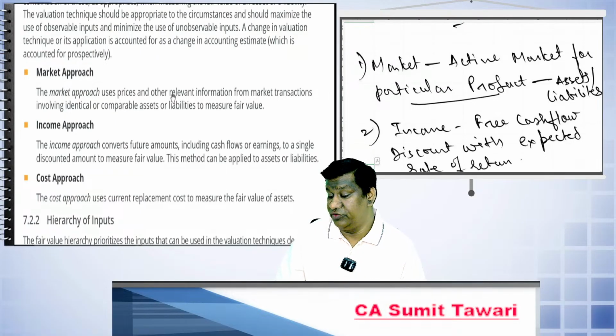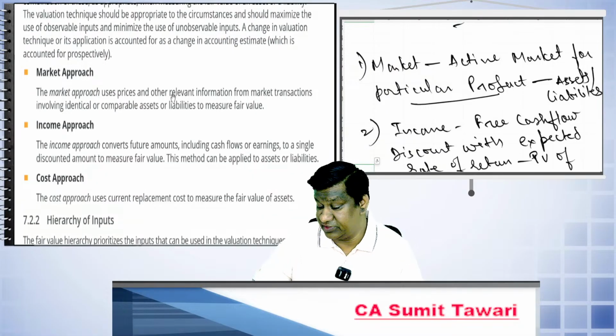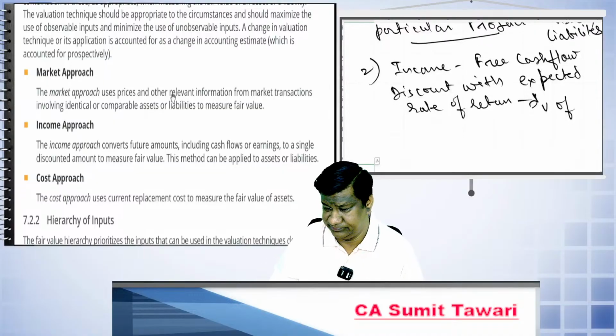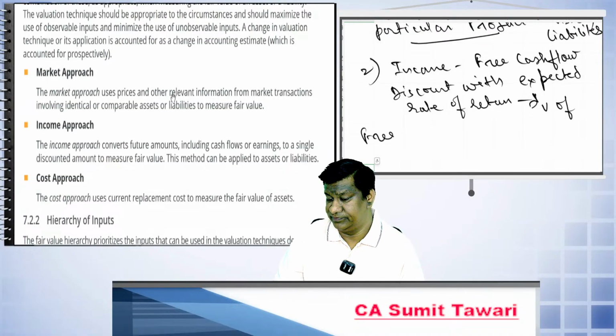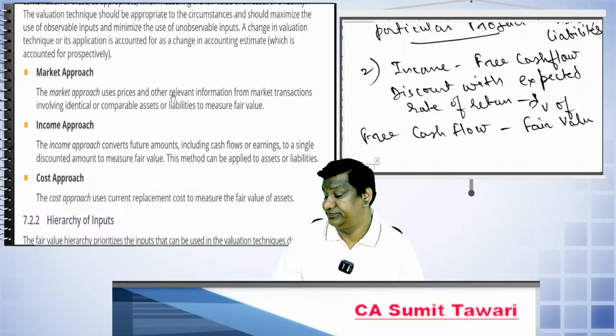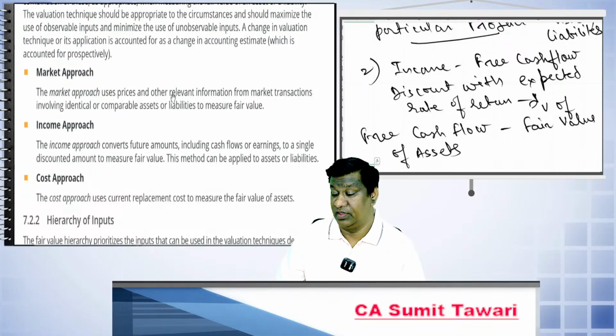Whatever the discounted value, the present value of the free cash flow, that will be the fair value of your asset or liability.